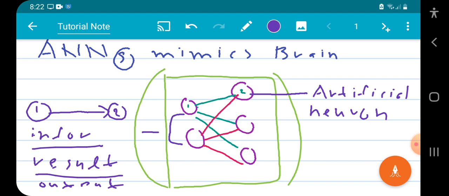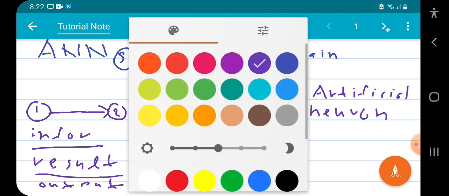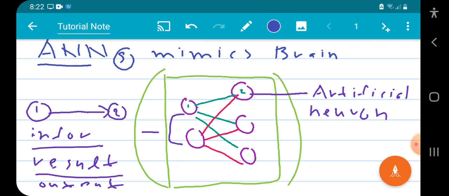So to summarize this whole video: an artificial neural network mimics how a brain works. How do you represent an artificial neural network using some graphical notation?